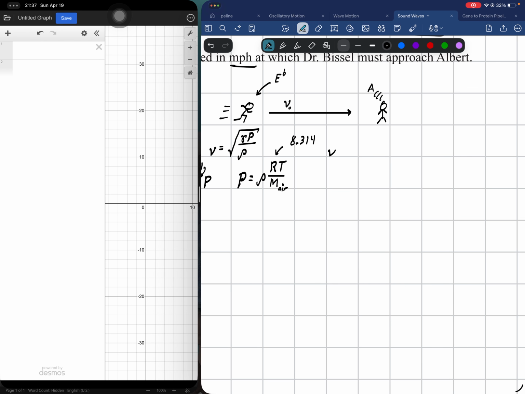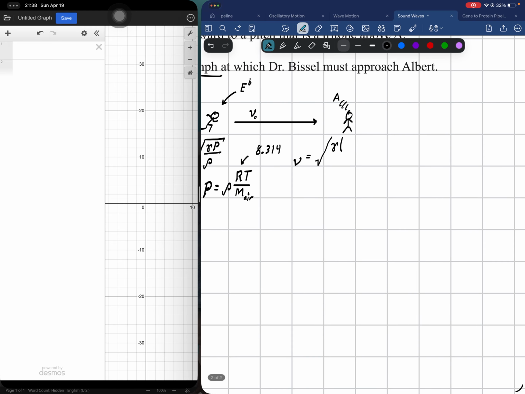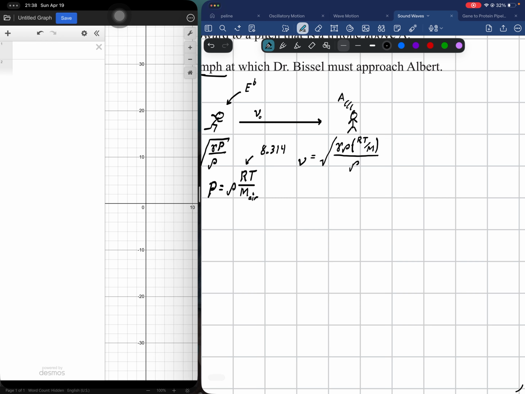So velocity now becomes the square root of gamma multiplied by the pressure, which is equal to all this: the density times R times temperature divided by the molar mass of air. All of that is going to be divided by the density.